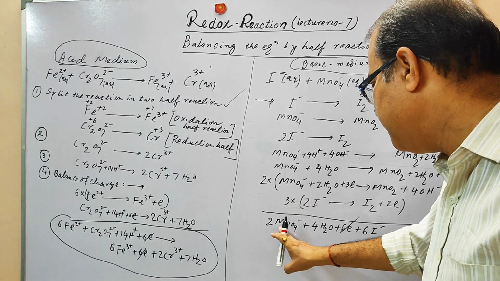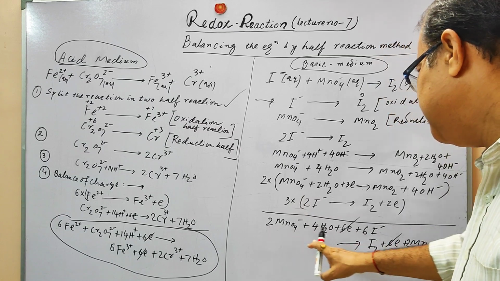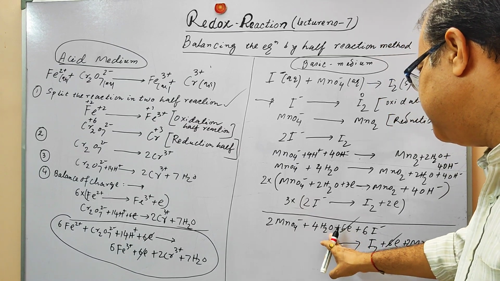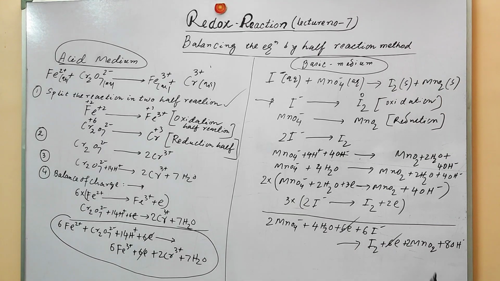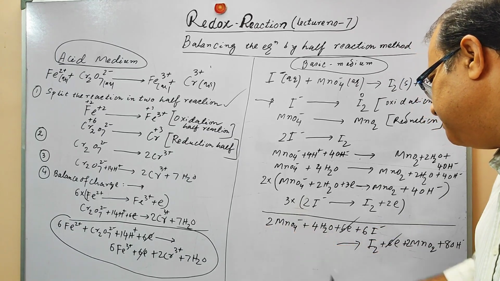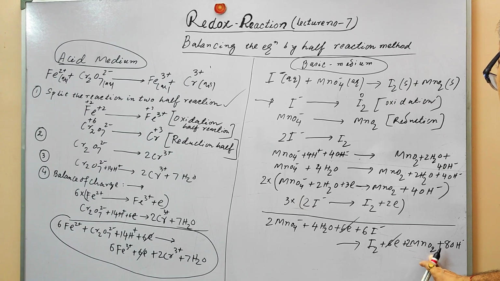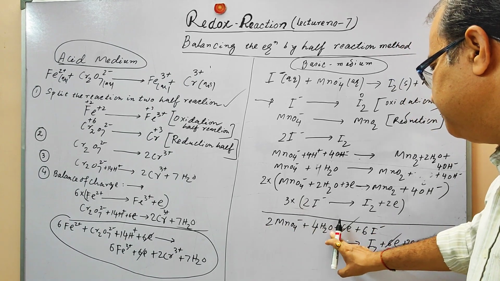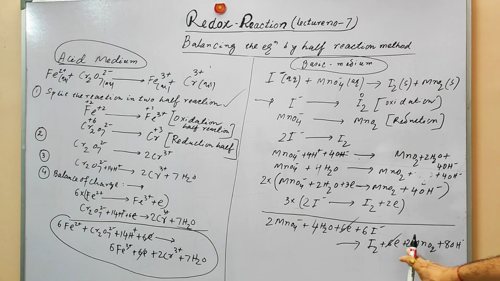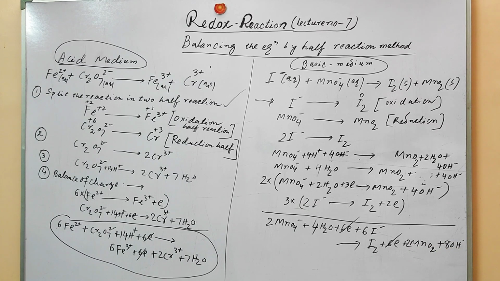Manganese, 2 manganese atoms. Oxygen: here 8 plus 4, 12 oxygen, and here also you can see 2 plus 8, that is 12.